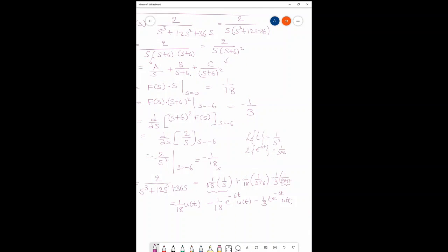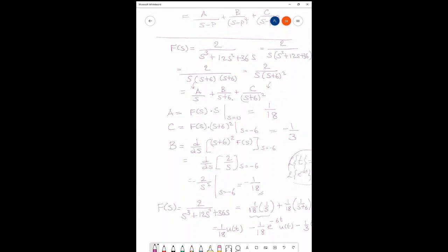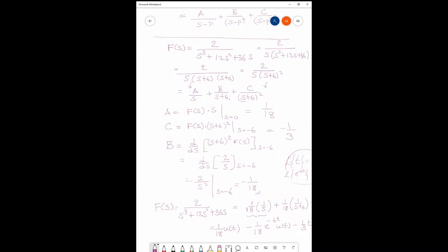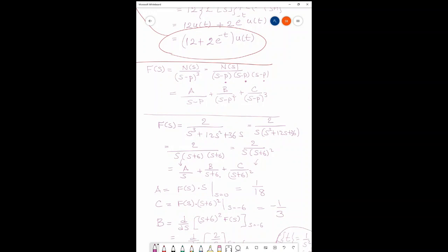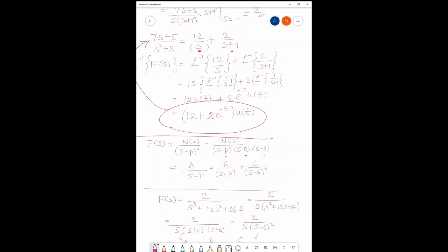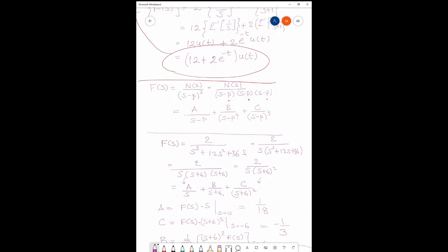We are going to see a lot more about that, but the main important thing here is that for distinct poles, we don't have any problem. When we have distinct poles, we just solve for the numerator of each partial fraction. When we have similar poles, then we decompose it and solve it like this.